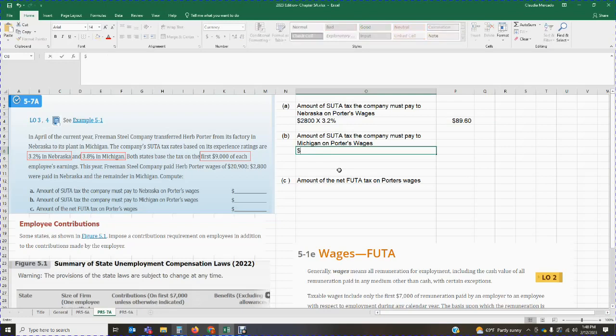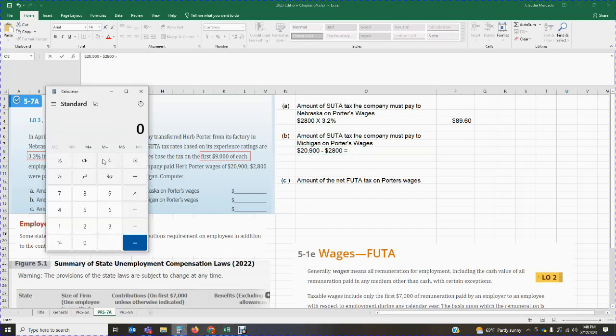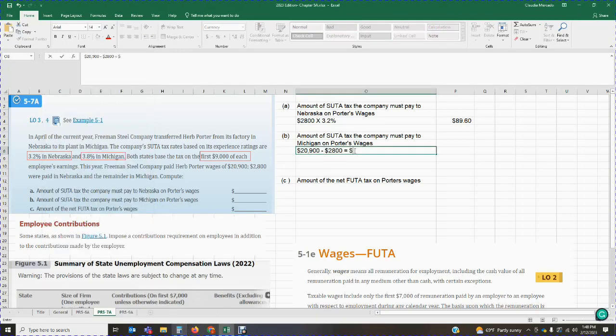So I know that the employee earned $20,900 in total. I am going to subtract the $2,800 that are from Nebraska. So that means 20,900 minus 2,800. That means that 18,100 are wages earned in Michigan.